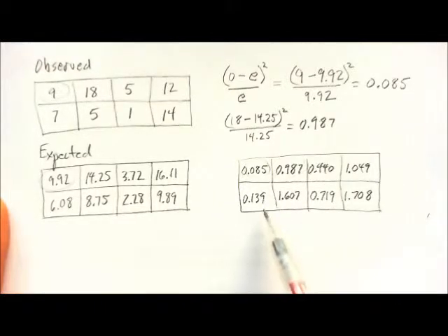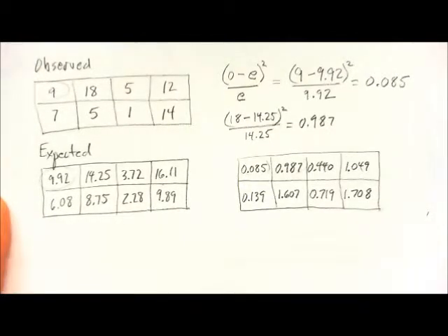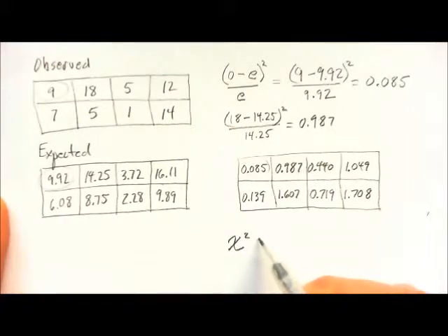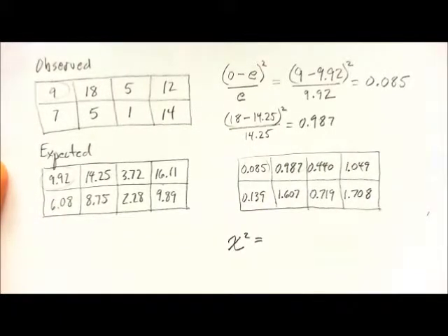These are just the observed minus expected squared over expected values. And these are the values we're going to use to get something called the chi-square statistic. The chi-square is the same sort of thing as a z or a t, but it's what we use for this kind of situation where we're comparing groups with categorical data. To get the chi-square, we simply add up all of these values.